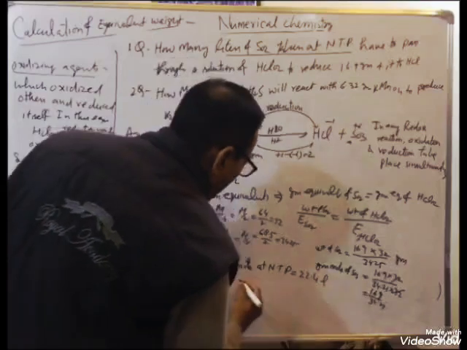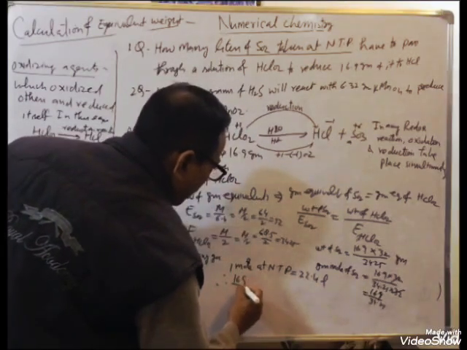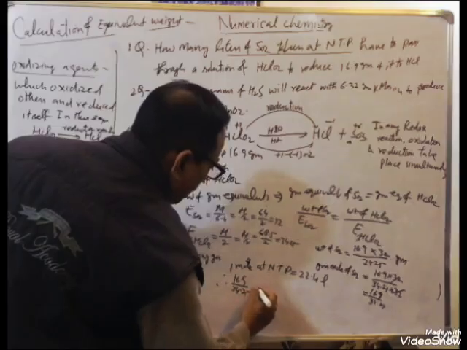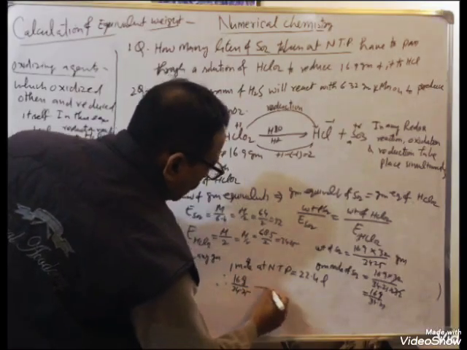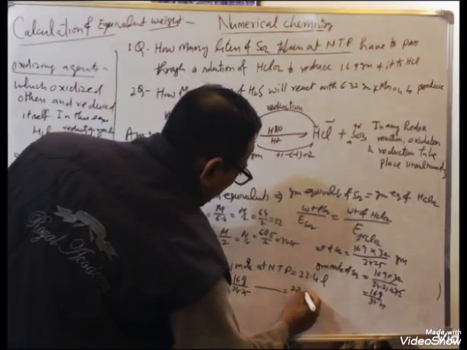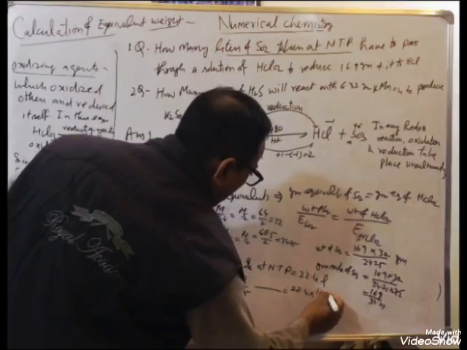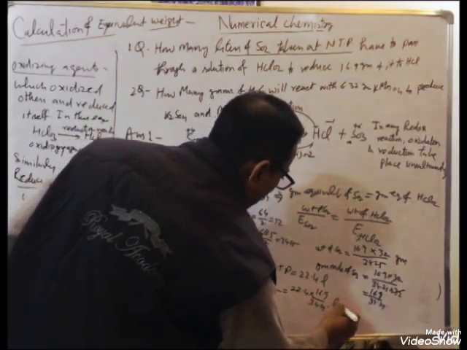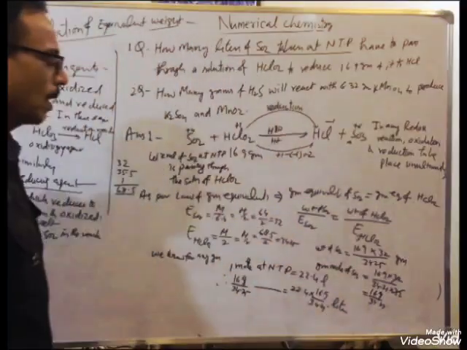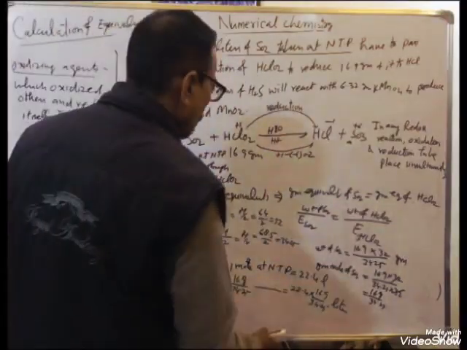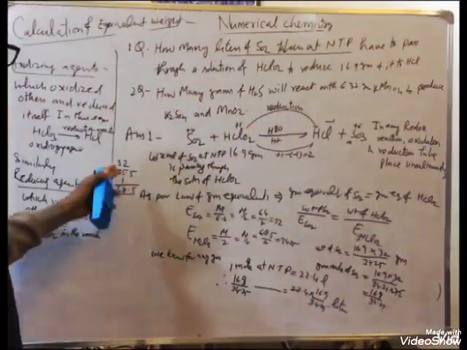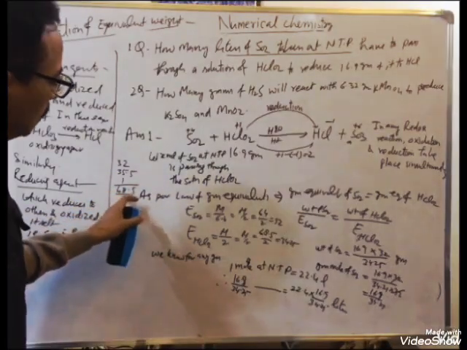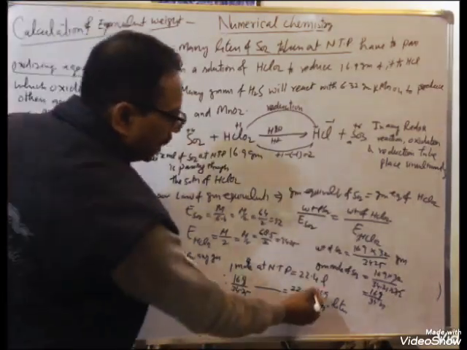Therefore this mole, 16.9 divided by 34.25, equals 22.4 into 16.9 divided by 34.25 liter. So it is nearly equal to 11.